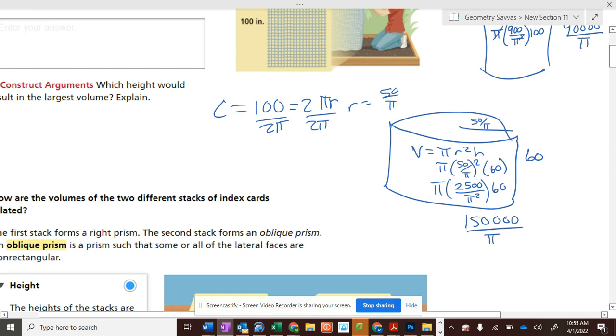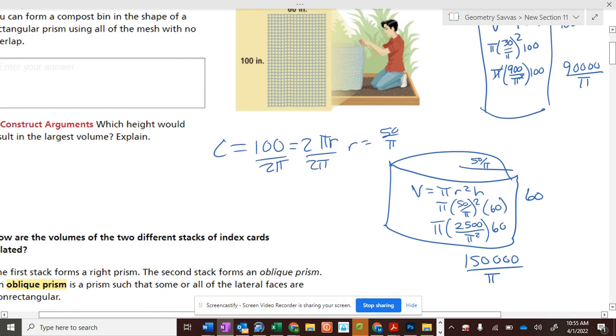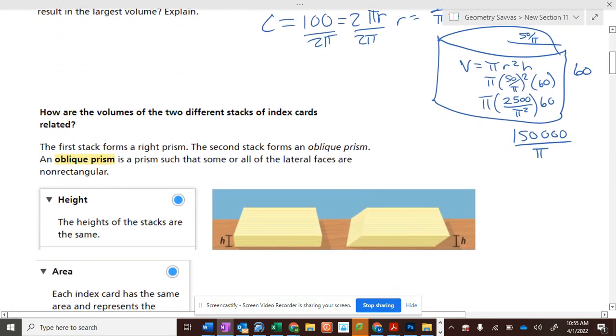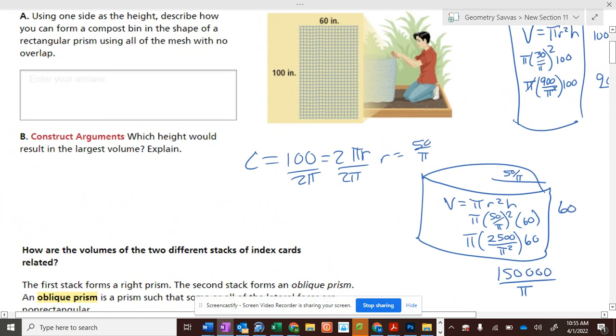That's 4 zeros. No, mine says 5. Oh, I did go wrong. Okay, so it's 150,000 over pi, right? Which is the bigger volume? The short fat or the tall skinny? Short fat is. Okay? So, that's finding volumes of objects given certain information.